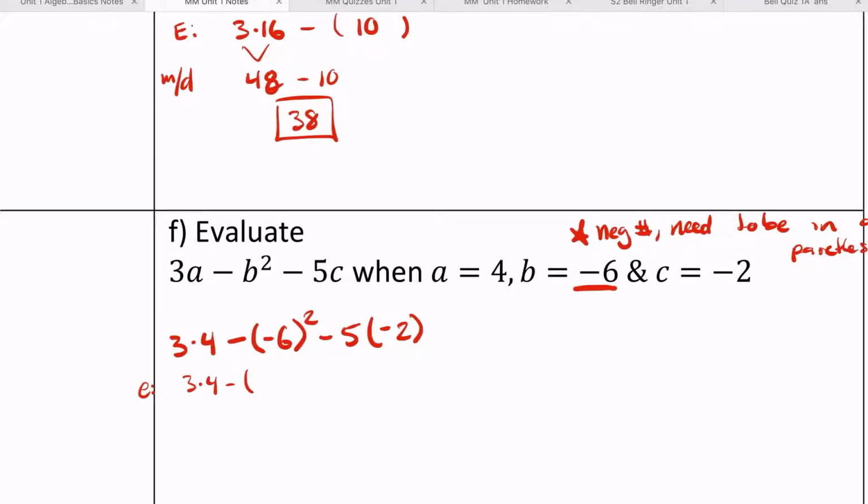So you may be tempted, you'll either get an answer of -36 or +36. But which one is correct? All right? You need to make sure that when we do a -6 squared, what we're really doing is multiplying -6 times a -6, which is equal to a +36. Negative times a negative is a positive.